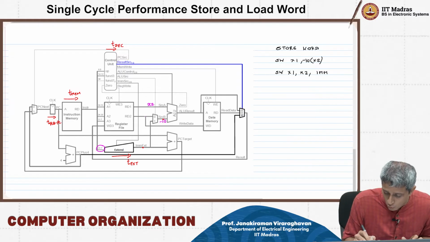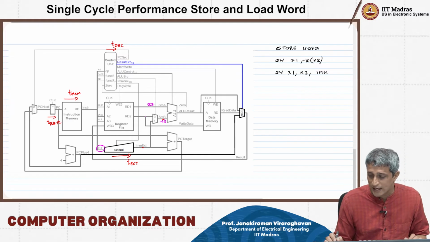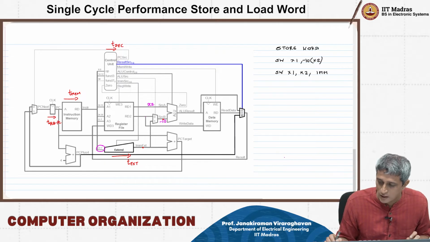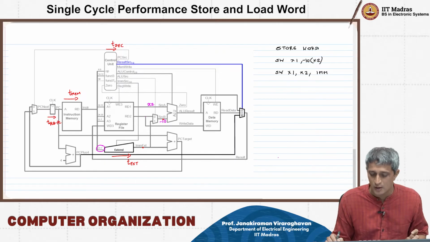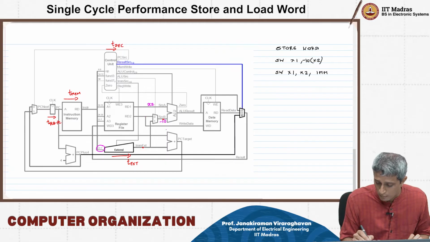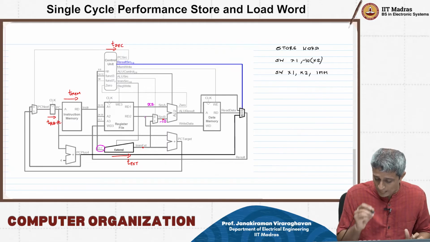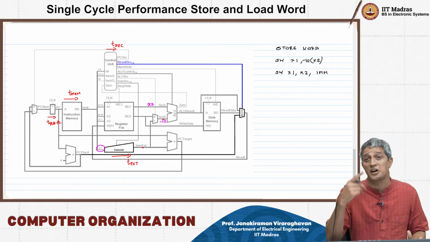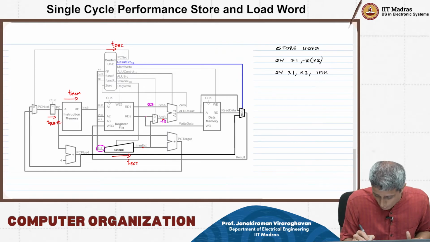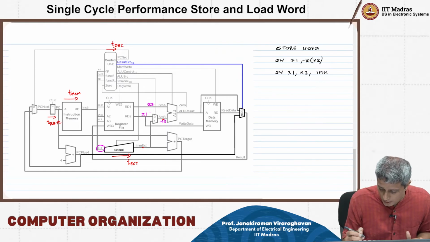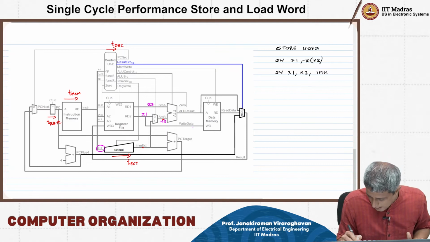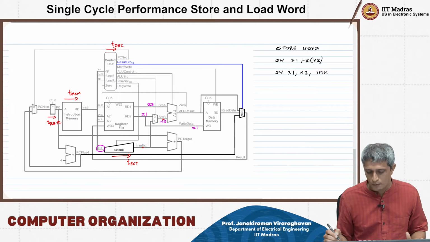Then RD2 is my second source register, which is basically going to come and is the register that is going to get written into the memory. So therefore, x1 data will appear here, okay, and you have x1 sitting here.